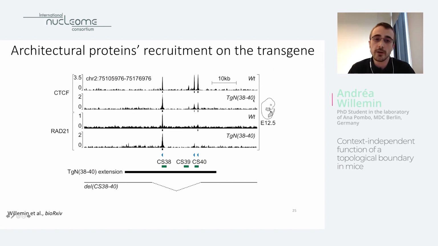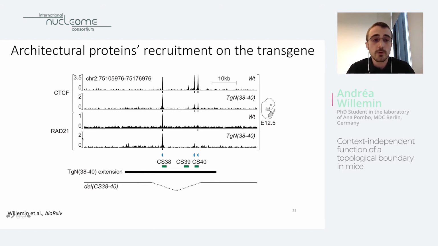Now, going to the biology, since it is now clear that the binding of the architectural proteins CTCF and also cohesin has the potential to generate boundaries in the genome, we postulated that if our transgene would act as a boundary, it should normally recruit both of these proteins.